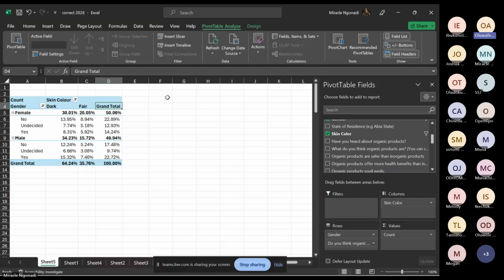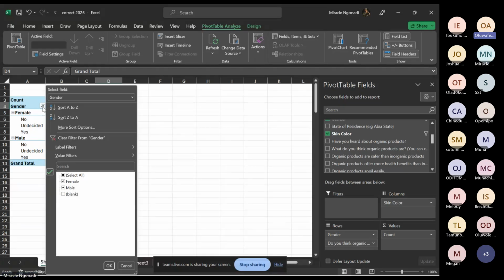Tell me something about these figures. Just try to tell me a story about it. Remove undecided to filter them out. Sorry? Remove undecided. You know, the way you filtered out blank, let's filter out people that said they have not decided.